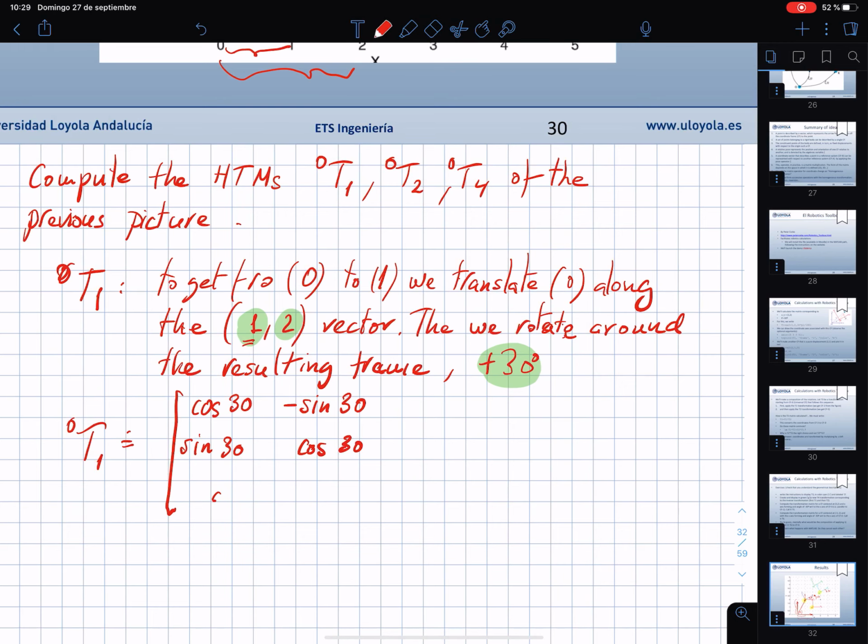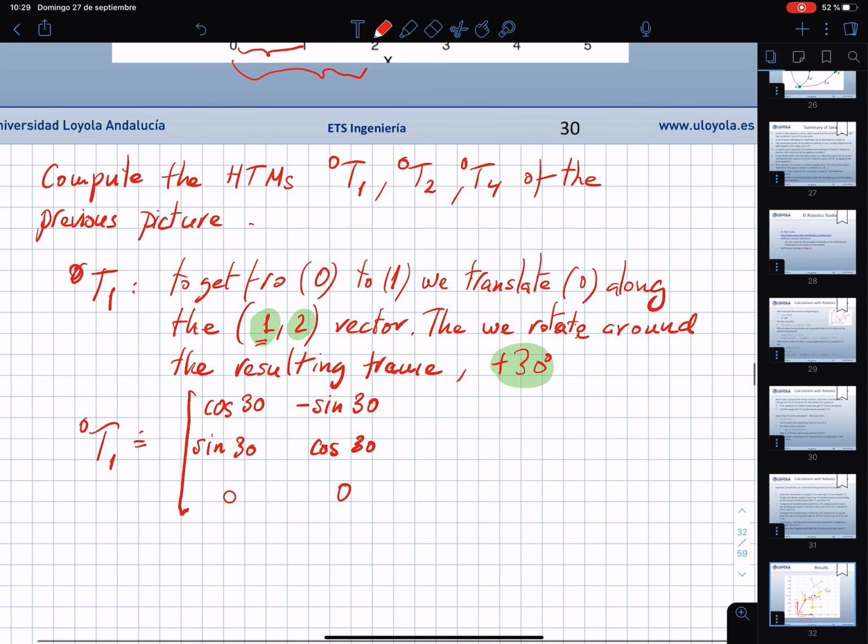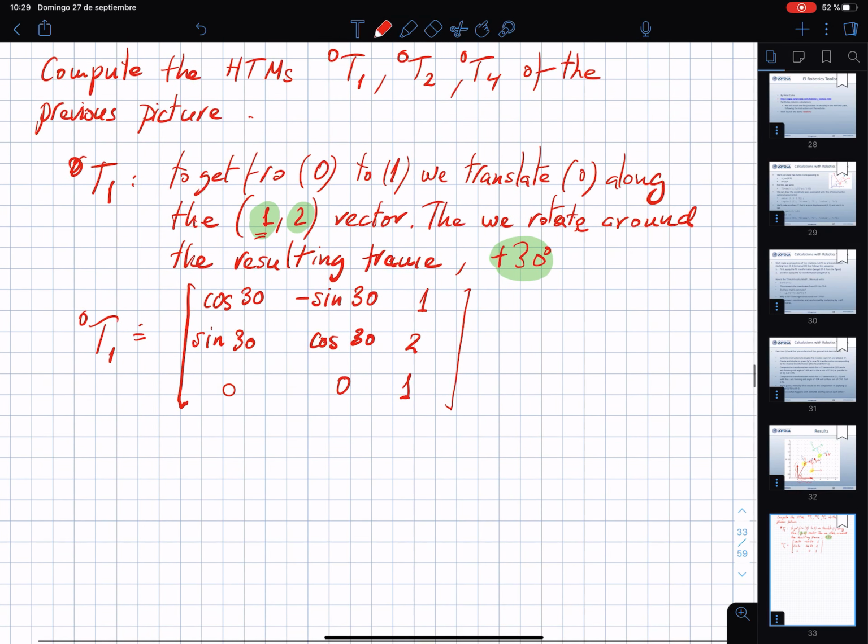Okay, and then zero. Oh, what happened here? Oh well, the computer decided that it was a perfect circle. It doesn't matter. And now, what is missing? Well, the displacement vector. And that is the homogeneous transform matrix. Remember that this matrix will transform coordinates from 1 to 0.